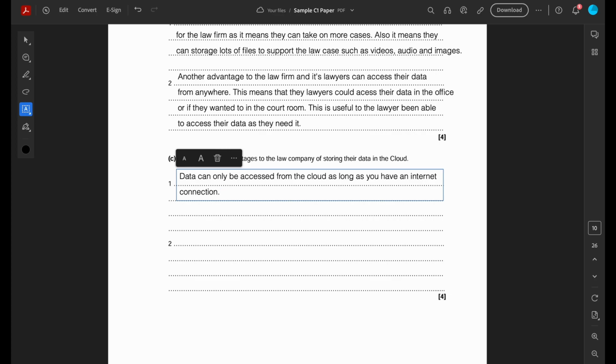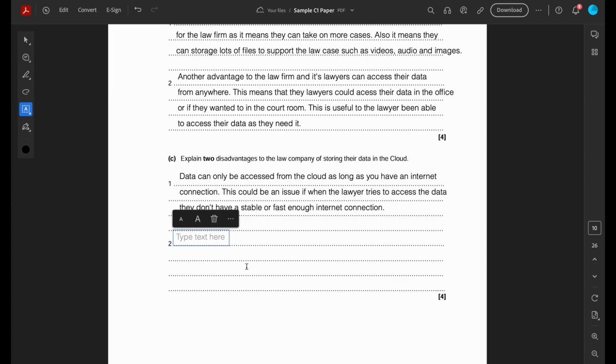You could have a wired connection to the internet. This could be an issue if, when the lawyer tries to access the data, they don't have a stable or fast enough internet connection. So that could be an issue there.